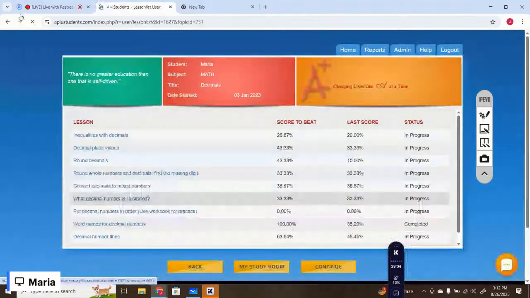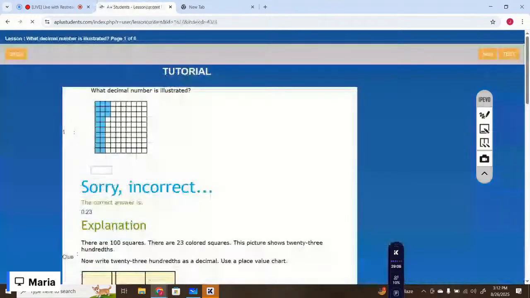That is what decimal number is illustrated? Let's just start with the lesson.